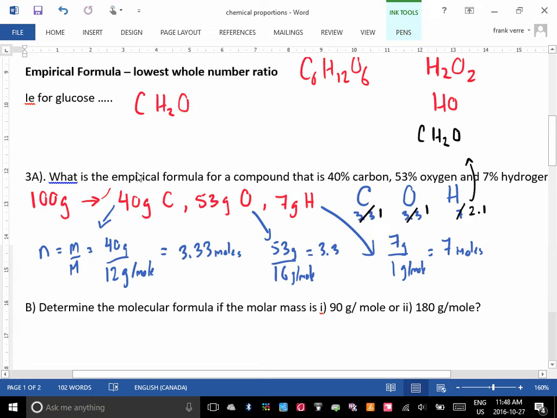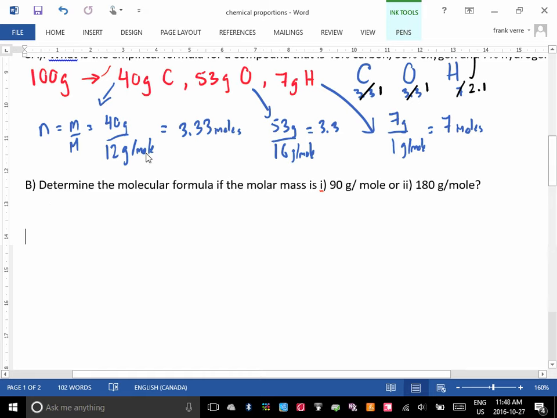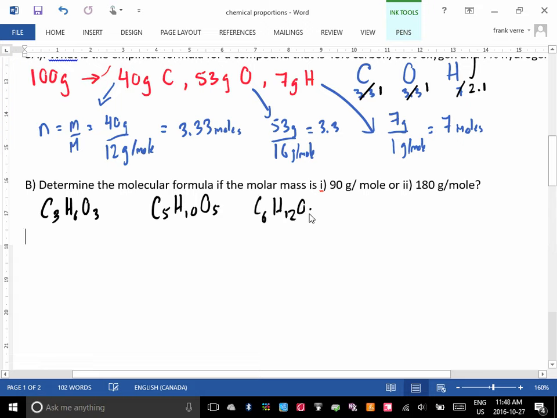Okay? Now, that's the empirical formula, but what if we wanted to know the actual molecular formula? Because the thing about the empirical formula is we could have a carbohydrate that is C3H6O3, you could have one that is C5H10O5, you could have one that is C6H12O6.